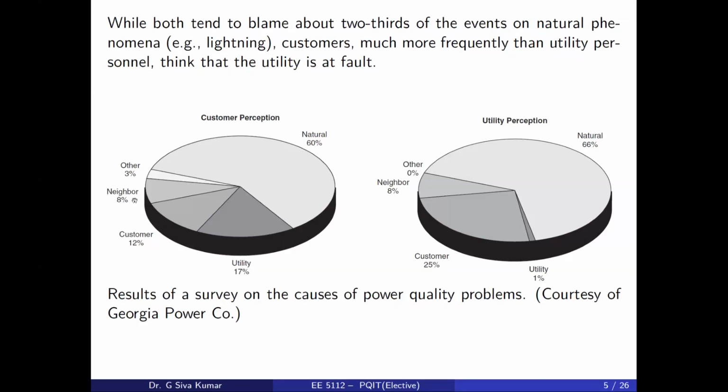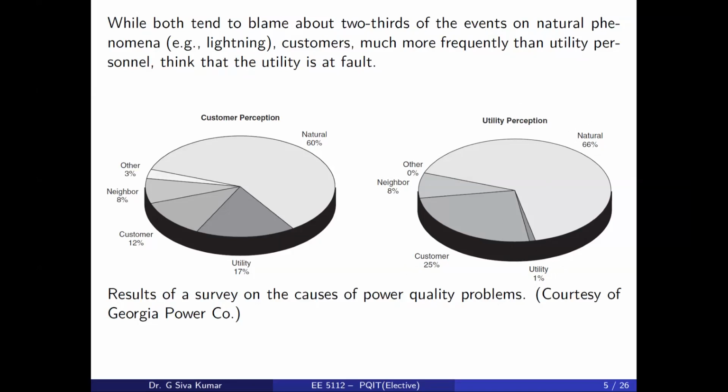The other issues, which are not natural, customer or utility problems, account for about 3%. This is the customer perception. In the utility perception, natural is 66%, whereas the customer is 25%, the utility 1%, the neighbor 8%, and the other 0%.